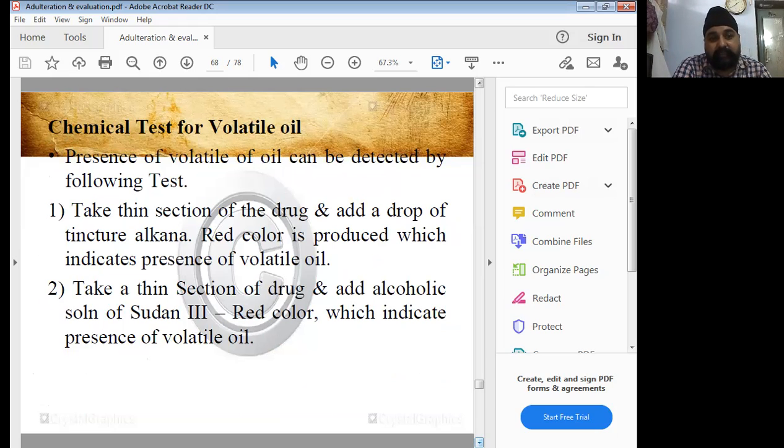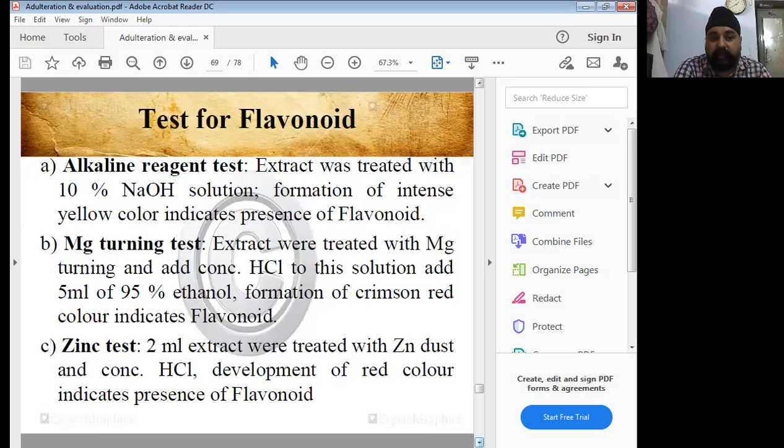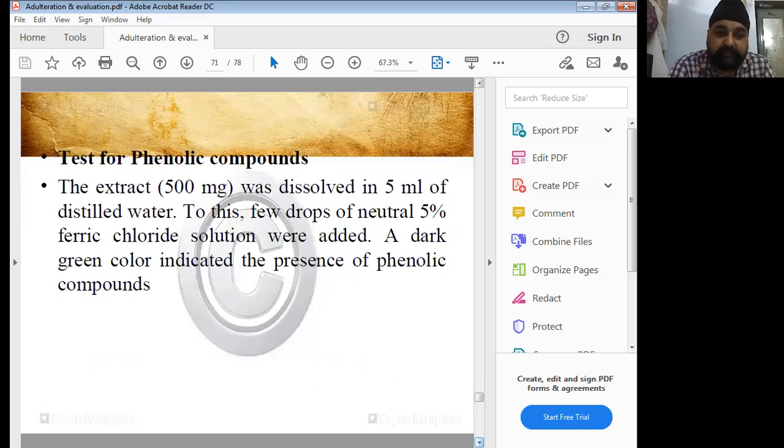Then for volatile oils, we can determine the volatile oil by various reagents like Sudan 1 and Sudan 3, which can be added. For flavonoids, we can carry out the alkaline reagent test, magnesium turning test, zinc test, and perchloride test.